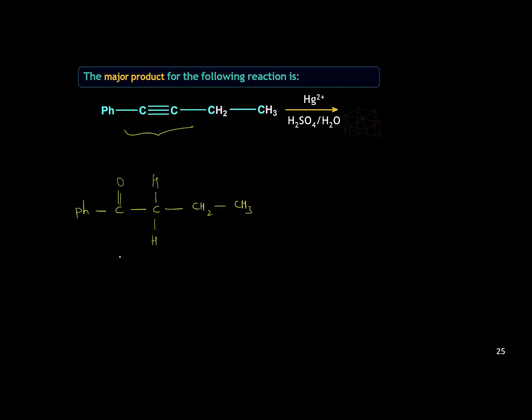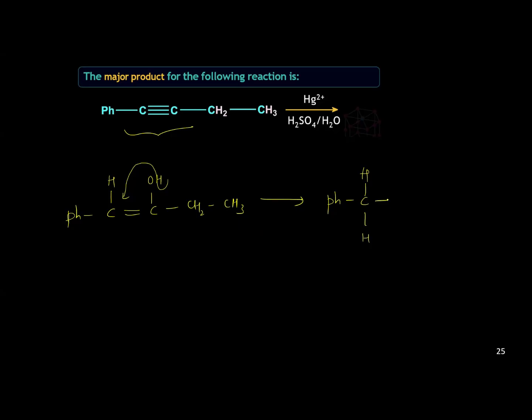So actually how will this reaction happen? This reaction will happen like this. PH C, so there will be attachment of hydrogen here and it will convert into a double bond, and there is an OH here, CH2, CH3. This will be further followed by PH, carbon. Now it will get hydrogen from this oxygen. So that hydrogen will attach here and there will be oxygen O minus, CH2, CH3.